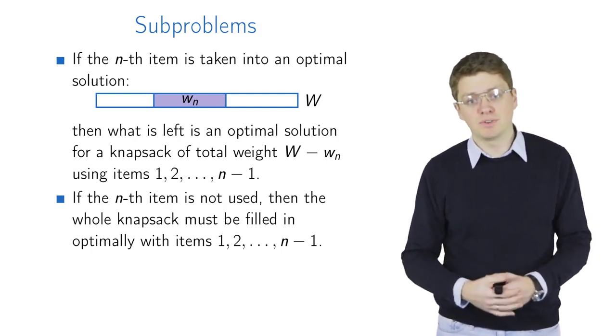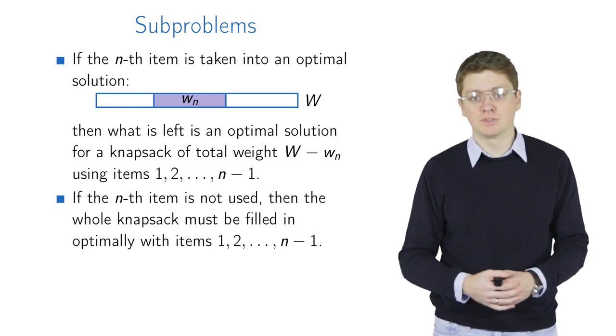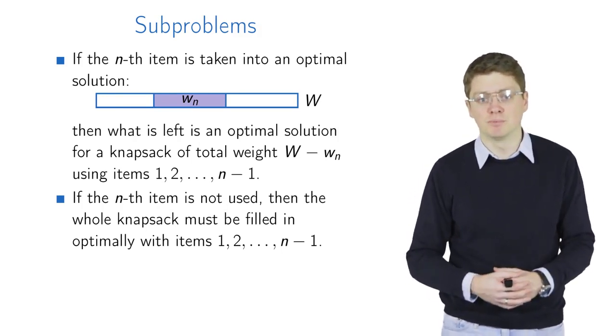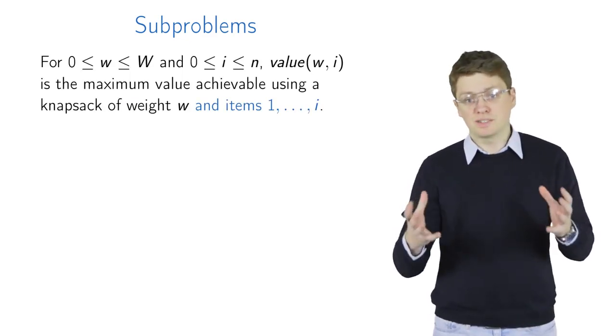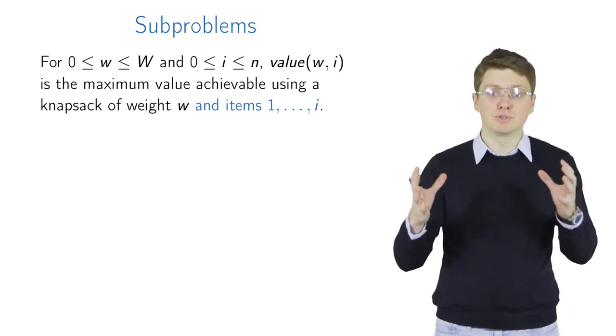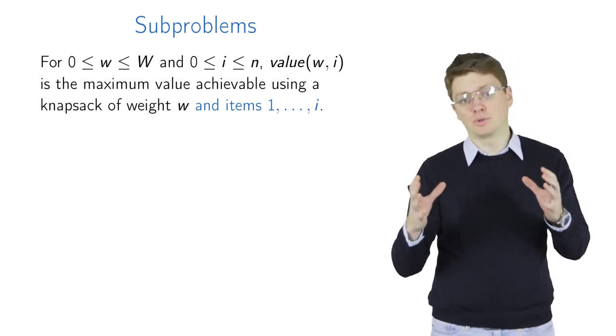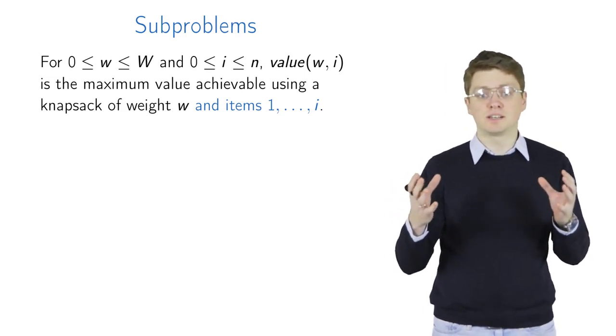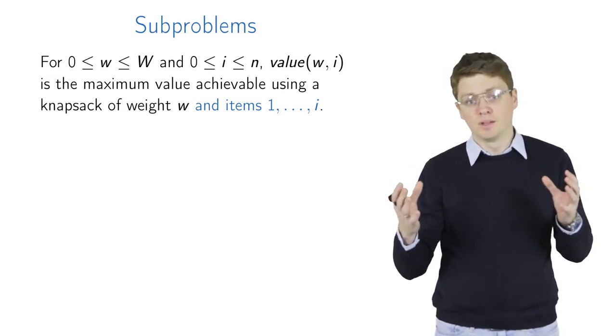This simple observation will help us to get the right definition of a subproblem for this version of the knapsack problem. On the previous slide, we argued as follows. Consider an optimal solution for a knapsack of total weight capital W. There are two cases: either it contains the last item or it doesn't.